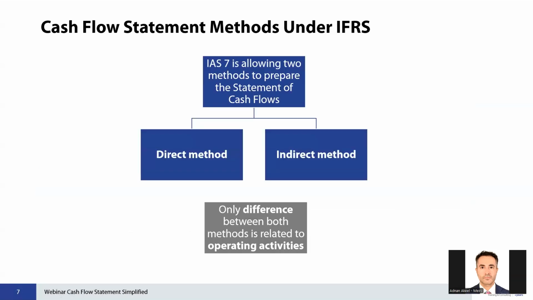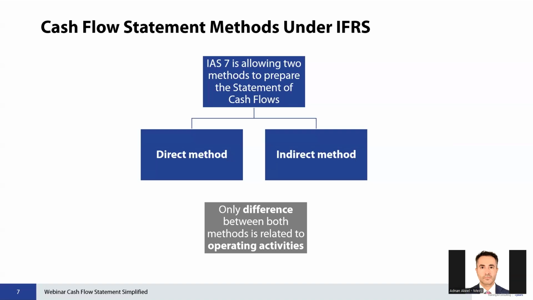Now, back to IAS 7. When IAS 7 talks about the preparation of the cash flow statement, it clearly gives us the option whether to follow the direct method or the indirect method. In either case, whether we are following direct or indirect, we have to prepare the three sections: the operating, investing, and financing activities.